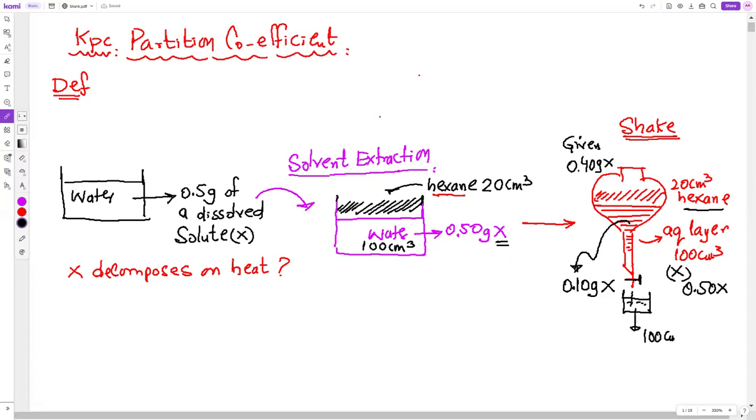This 100 cm cube water contains 0.10 gram of X. Then you will remove the beaker and place another beaker, in which the 20 cm cube hexane will be collected, and in this hexane you have 0.40 grams of X. Got it?